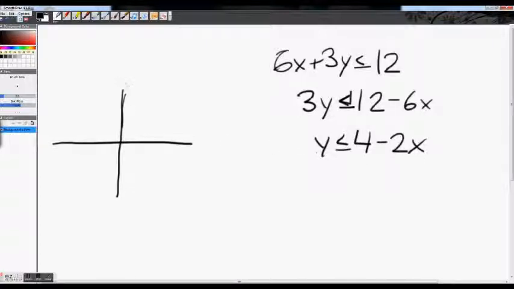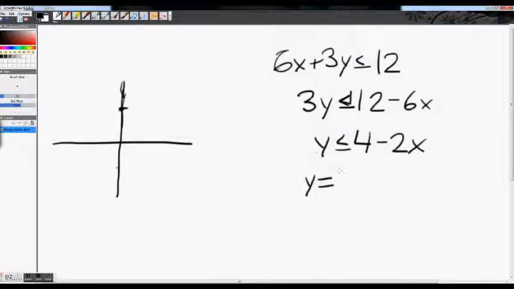So let's go ahead and graph this. We know that 4 will be our y-intercept, and negative 2 will be our slope. At x equal to 1, the line will be 4 minus 2, which is 2.